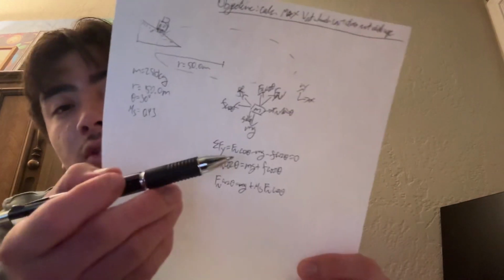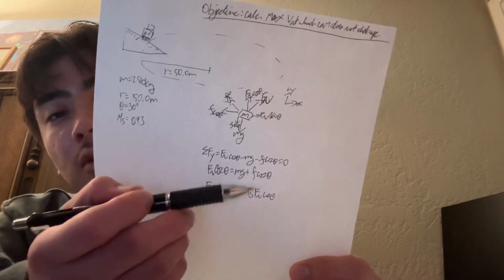So we also have to simplify that first before we can isolate anything. Almost forgot about that. So our f cosine theta is going to turn into mu s Fn cosine theta. See how I switched the f into the mu s Fn.